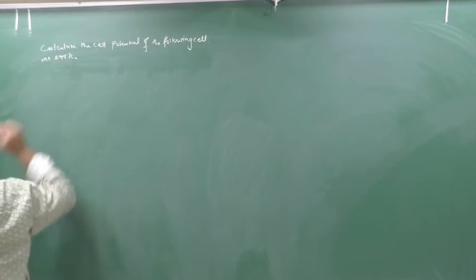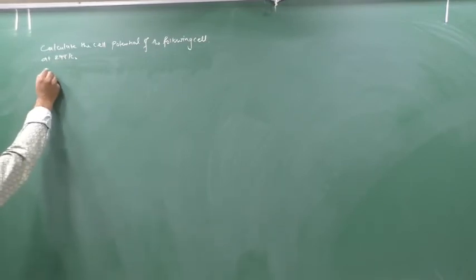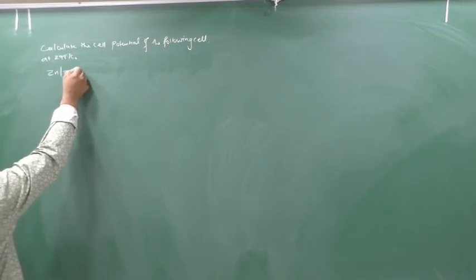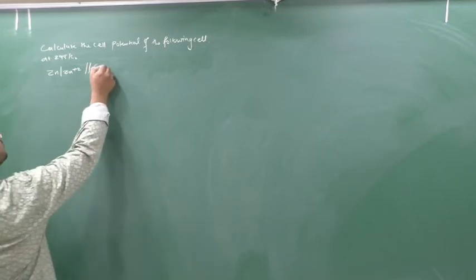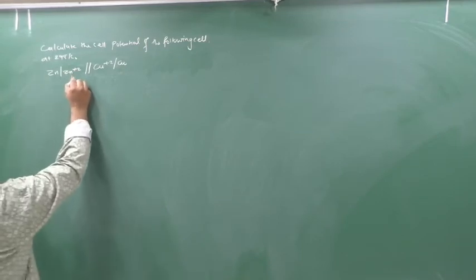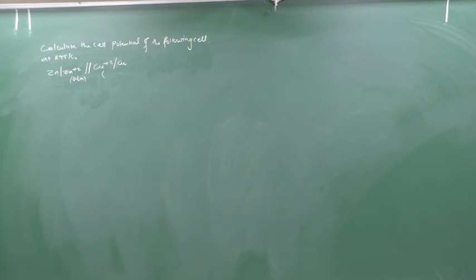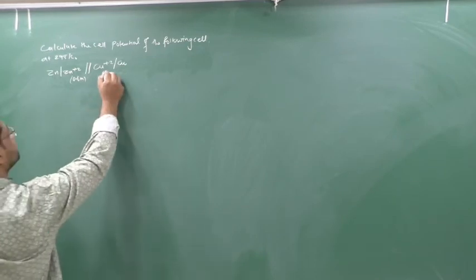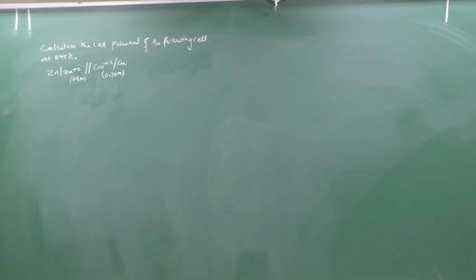First is Zn slash Zn plus 2, salt bridge, Cu plus 2 slash Cu, and the concentration here is 0.6 molar, and here 0.34.